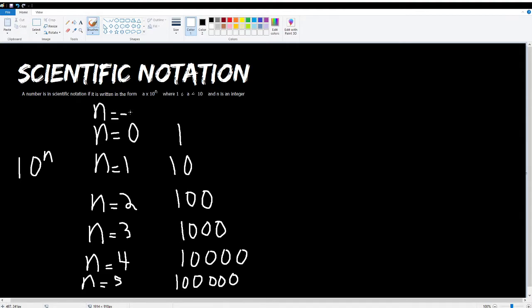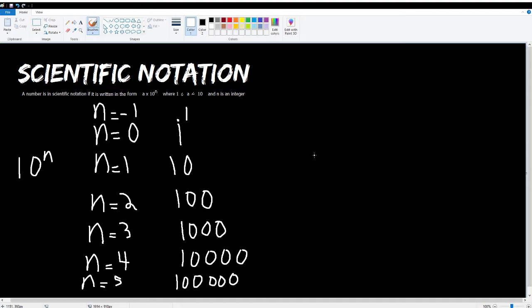If n equals -1, I basically have 0.1. And in retrospect, what you're essentially doing is moving the decimal place. So when you multiply by a power of 10 where n is greater than or equal to 1, you're going to be moving your decimal to the right.